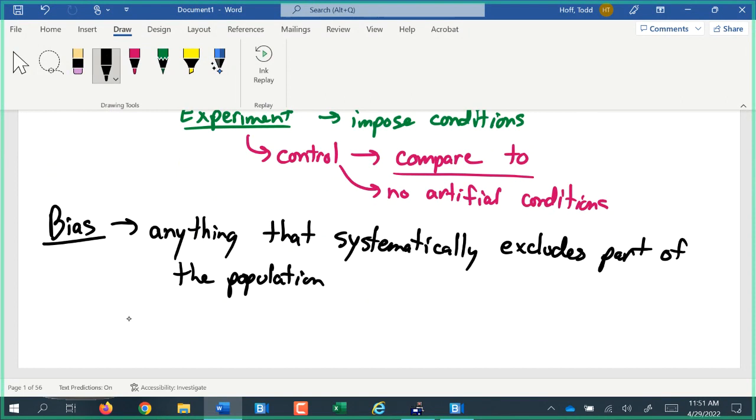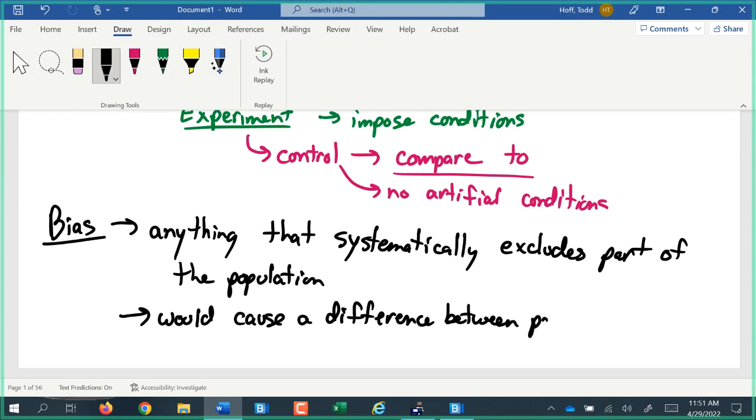Or another way of looking at it is anything that would cause a difference between the population parameters and the sample statistics.